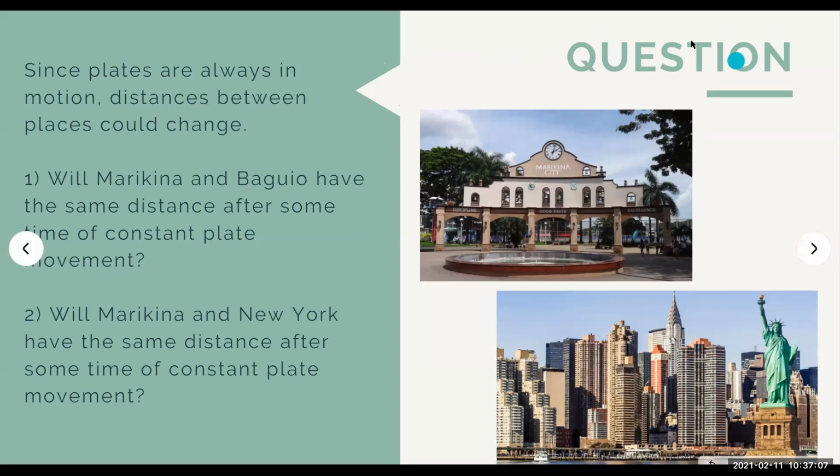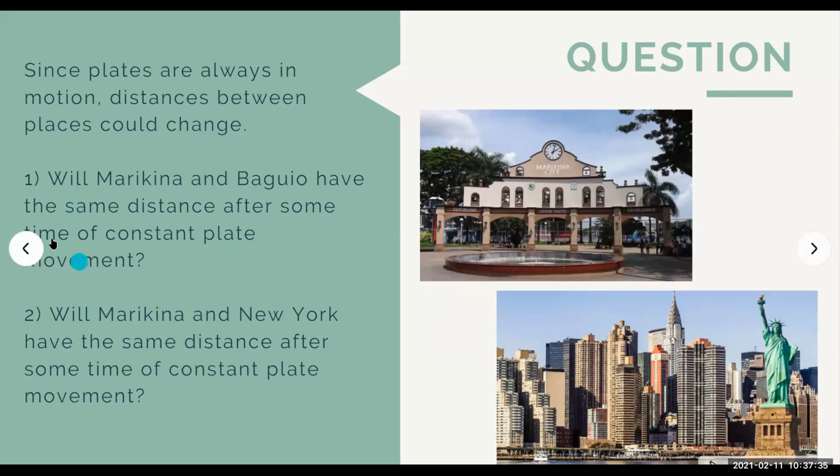No, no. Yes, no. Yes, okay. So some answered yes. Actually, very few answered yes, but most of you answered no. The correct answer is yes. They would have the same distance.